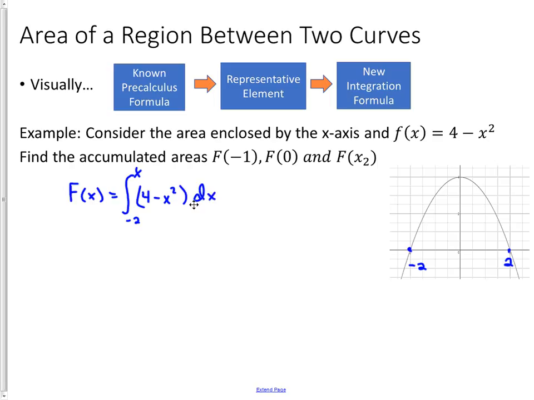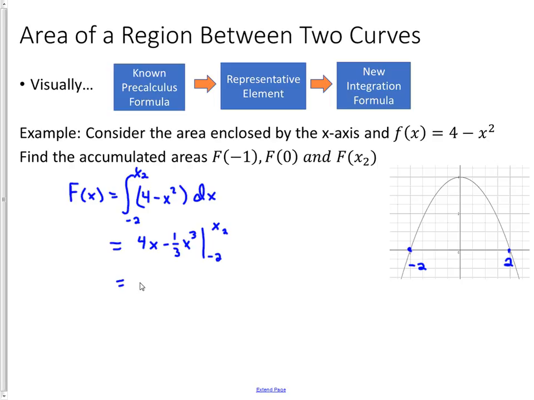dx. So if we build this accumulation process function, this accumulated area is going to be equal to 4x minus 1/3 x cubed, evaluated from negative 2 to x. Let's see. I'm going to call this x2 because I've already got an x in here.